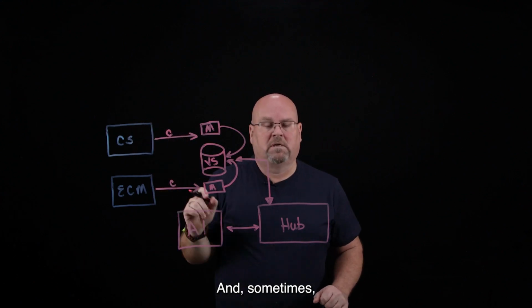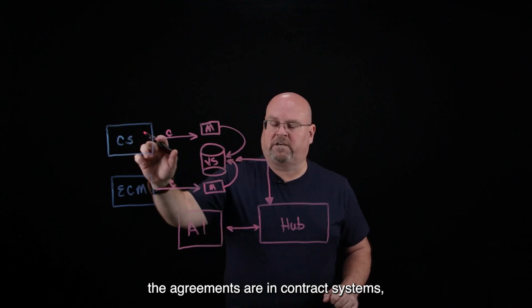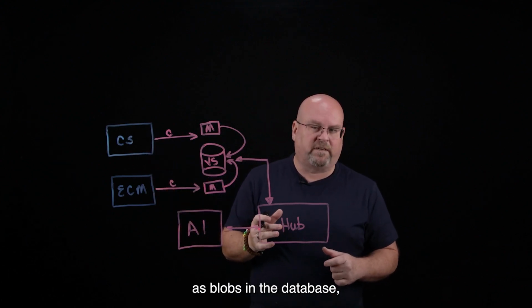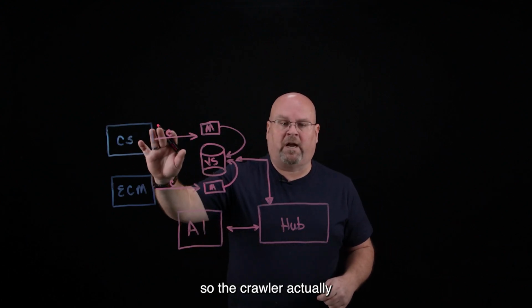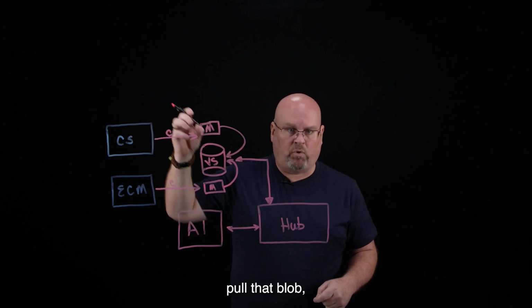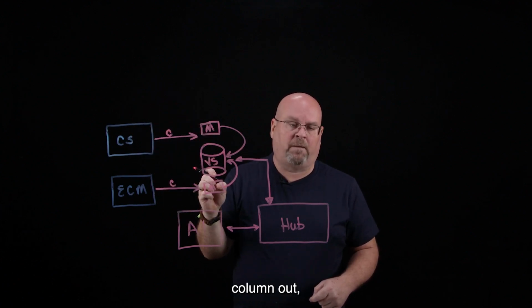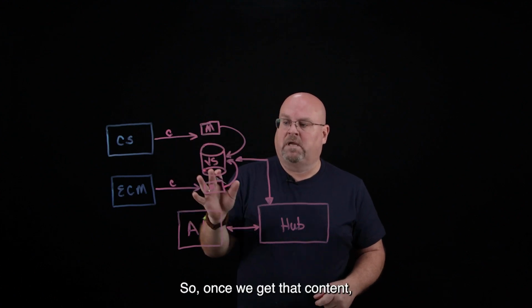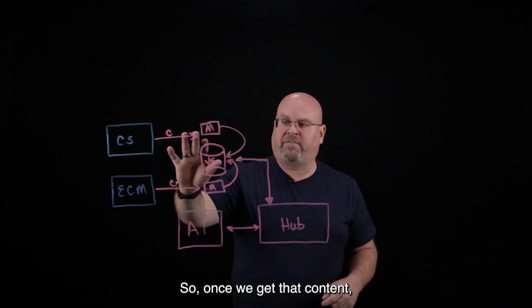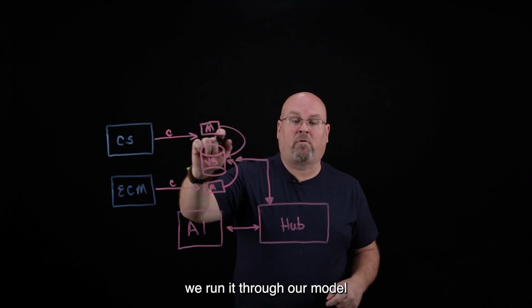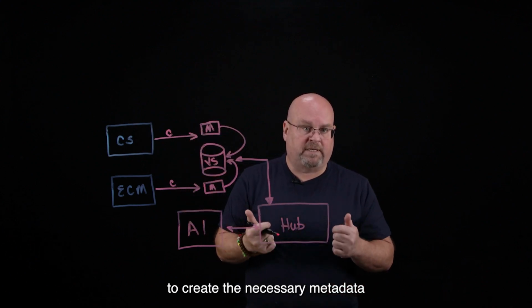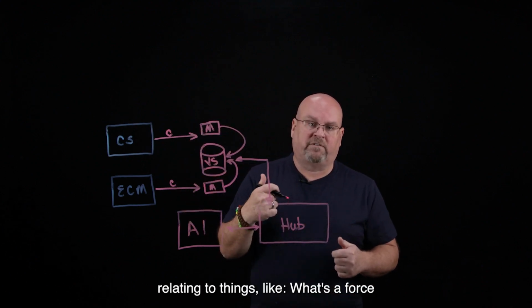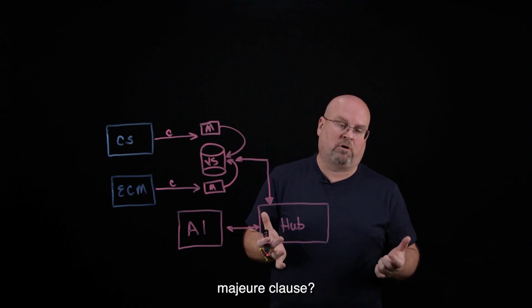And sometimes the agreements are in contract systems, they're actually stored as blobs in a database. So the crawler actually has to open the database, pull that blob column out, that field out, and process it that way. So once we get that content, we run it through our model to create the necessary metadata relating to things like what's a force majeure clause?